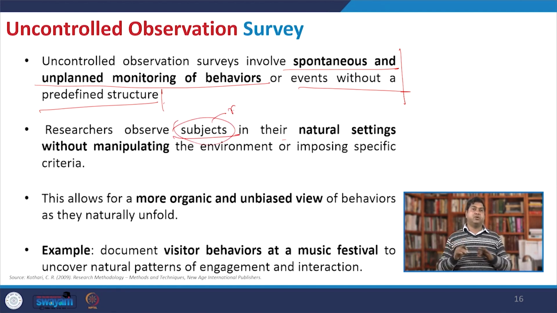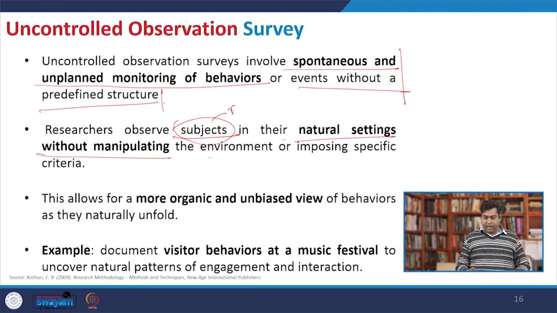Subjects are normally used where you identify the sample and try to understand his or her behavior. It is not the respondent, because we are not asking any question; everything happens through observation in their natural settings without manipulation. So, subjects are in their natural setting, and we are not imposing any criteria. This allows a more organic and unbiased view of the behaviors.